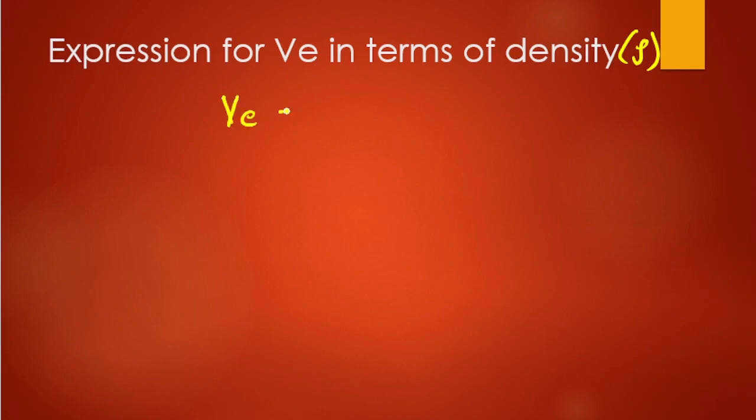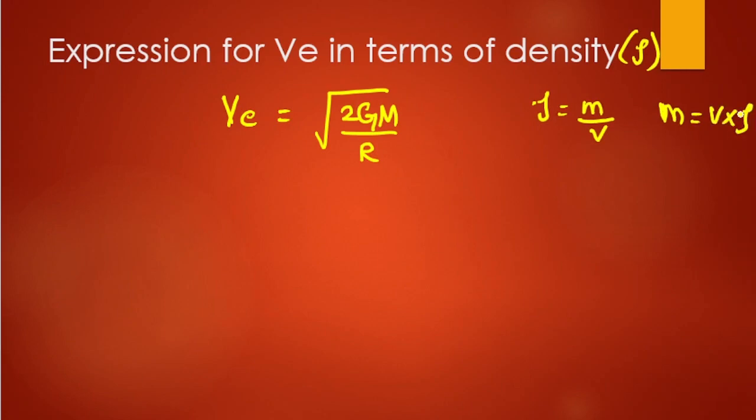V is equal to the square root of 2GM by R. Now, what is the mass of the earth? Actually, density is equal to mass by volume, so mass is equal to volume into density. The volume is 4 by 3 pi r cube, into rho. This is the mass of the earth.